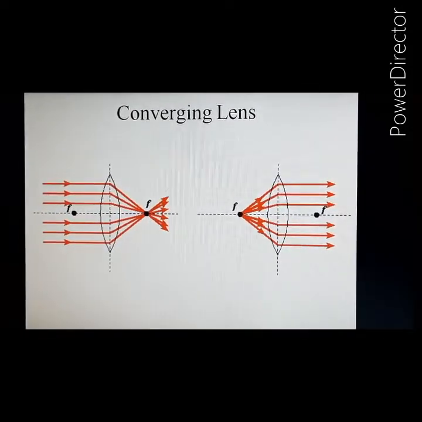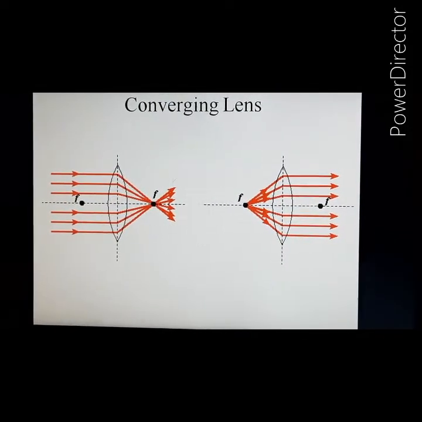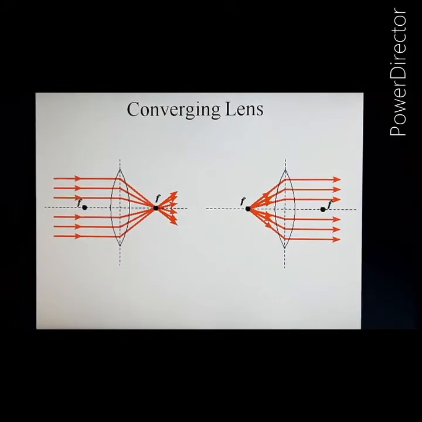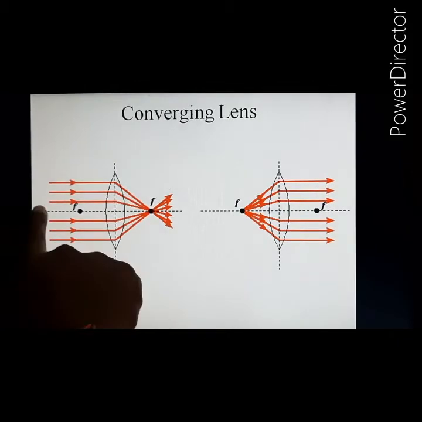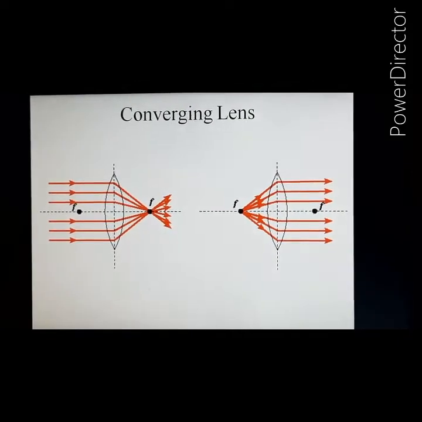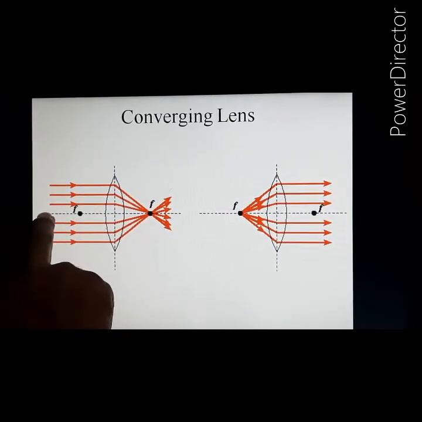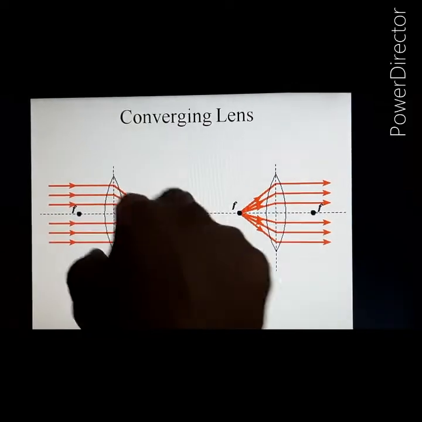What is a focus? There are some characteristics of the lens. One is the principal axis. The principal axis is nothing but the line which is assumed to pass through the center of the lens.